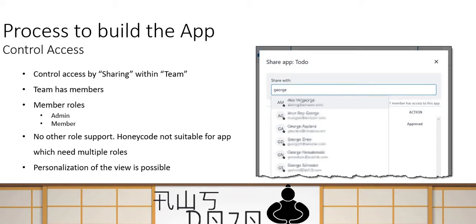Now, it is very important to understand that there are only two roles, member and admin. One who can modify the app and the other who can only access the app. There is no third role. So if you have a requirement where you want to support multiple types of roles, and based on that role you want control over who can modify the data and who cannot, generally Honeycode is not suitable for that kind of thing.